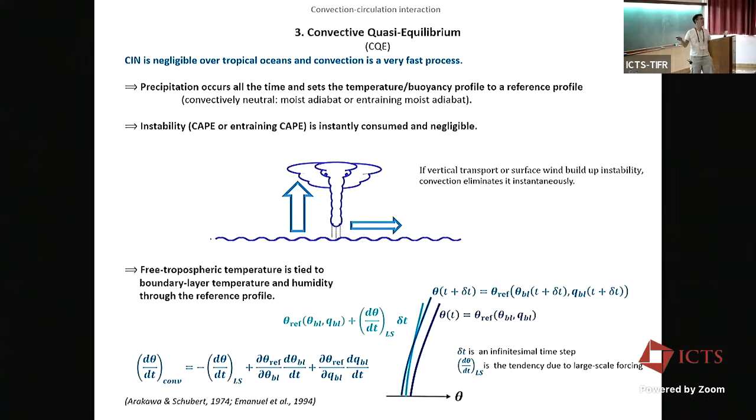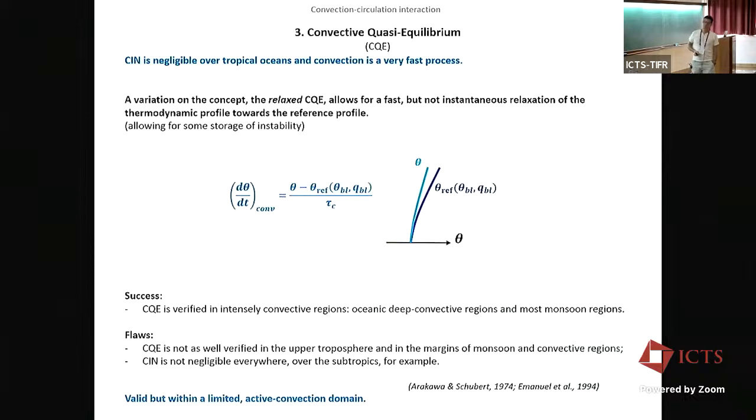So it's a little bit difficult to do because you have to recompute the evolution of the boundary layer values and at the same time the profile. So for that, and thinking of the fact that this restratification is not instantaneous but takes a few hours, there is a little alternative that was developed called relaxed convective quasi-equilibrium, where you just have the convective tendency trying to get your profile back to a reference profile with a typical time span that's fairly short.